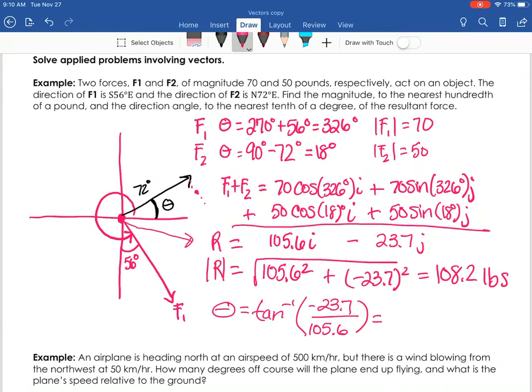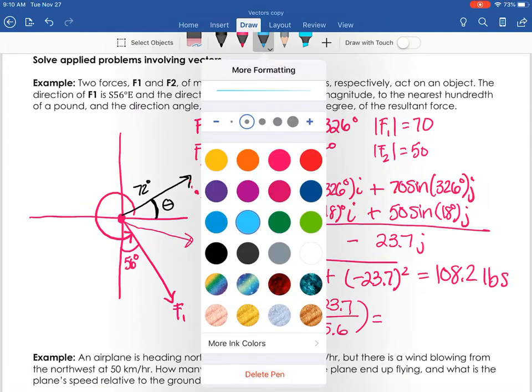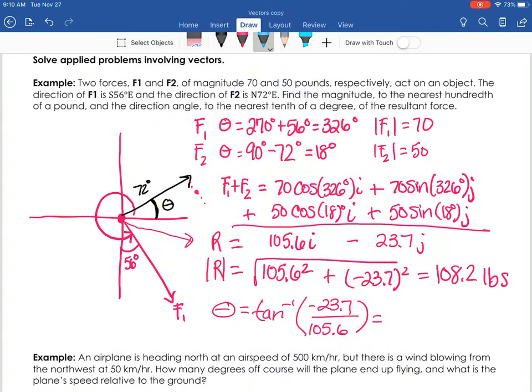Let me do that in a different color. I'll use blue maybe. My resultant vector should come up in here somewhere because I'm going to make my parallelogram and it's going to come up like this. So what quadrant should I be in? The fourth, right? So I want to make sure that my angle jives with the fourth quadrant.